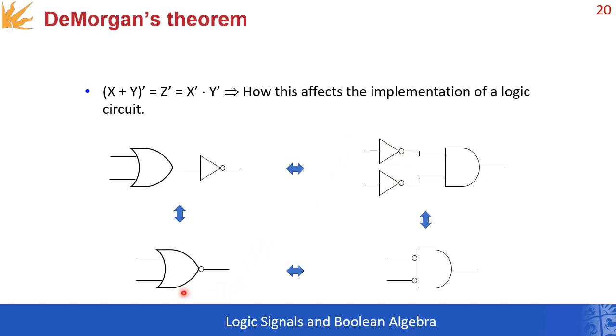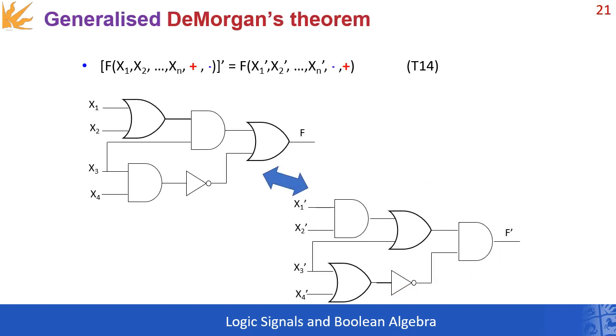And as you can guess, we take the symbol over here, which is an OR gate negated with a negated result. We also call this a NOR gate, and that is an equivalent of an AND gate where both inputs are inverted. And by this example over here, you should start to understand why De Morgan's theorem is very important.